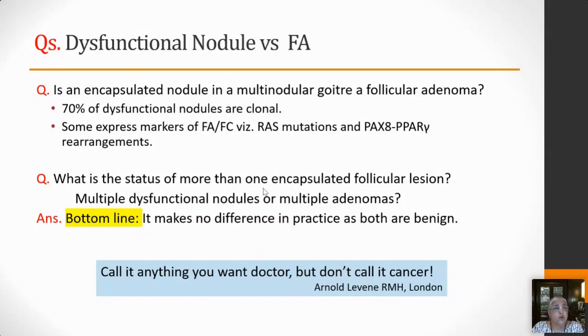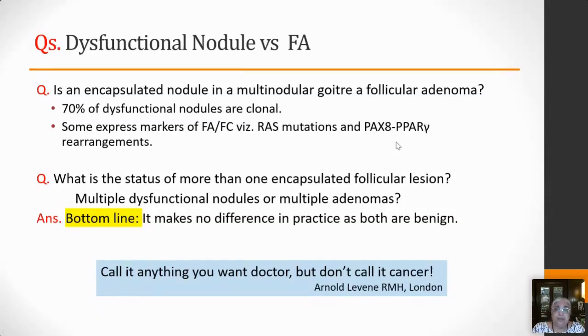And the answer is no. In an encapsulated nodule in a multinodular goiter or a follicular adenoma, 70% of dysfunctional nodules have been found to be clonal. And some of them also express the molecular markers of follicular adenoma or follicular carcinoma, and that is RAS mutations and the PAX8-PPAR gamma rearrangement.